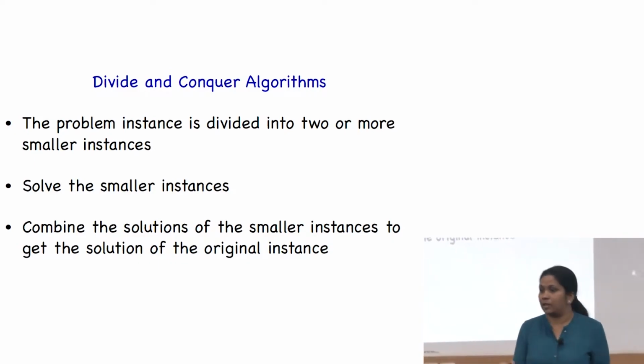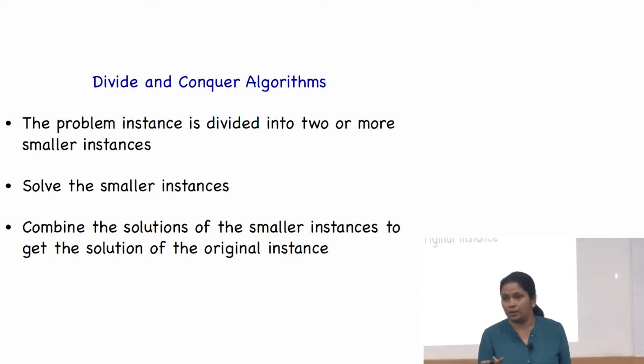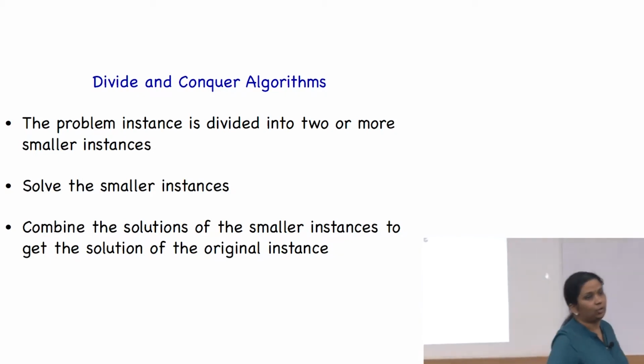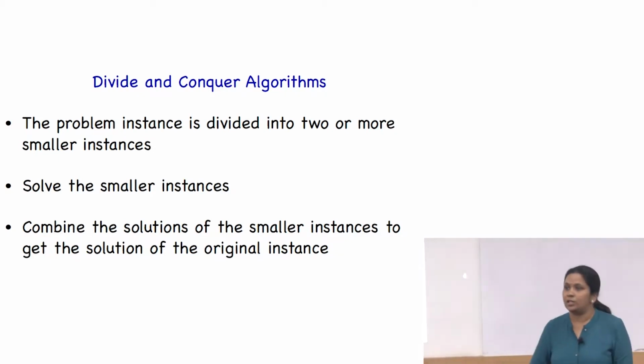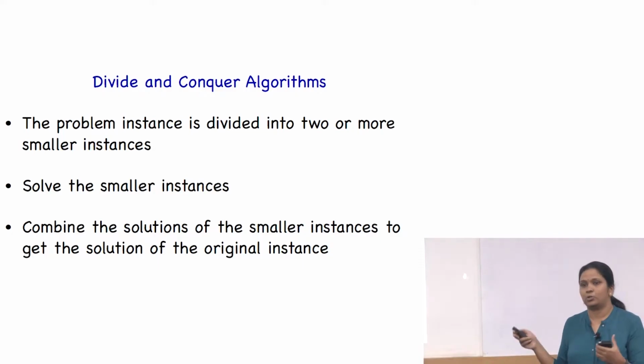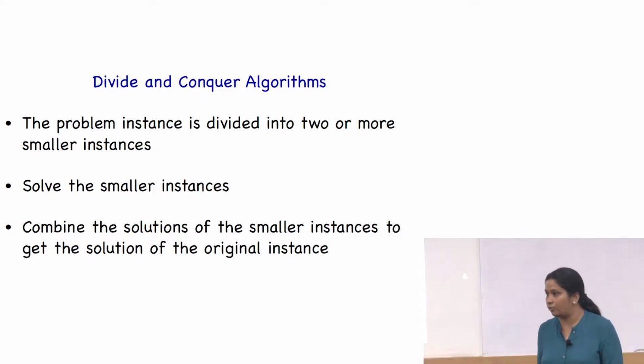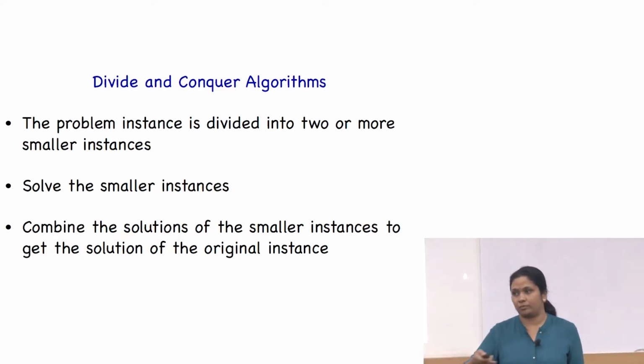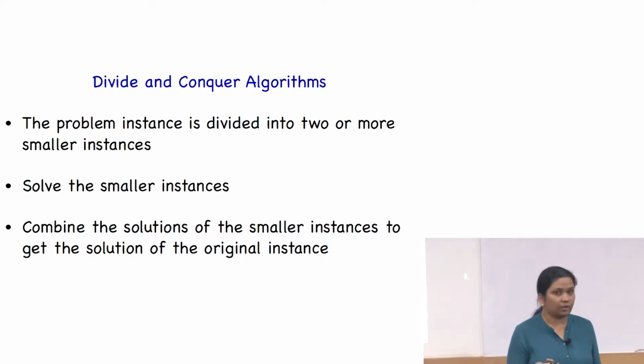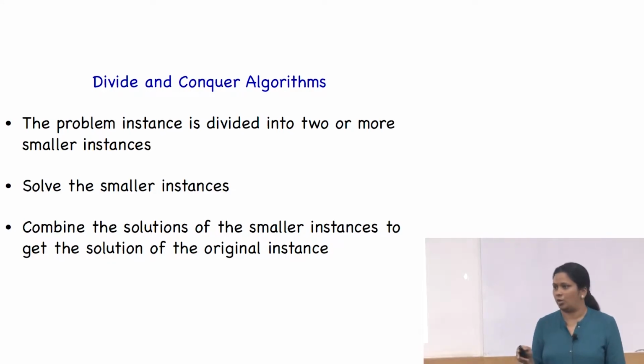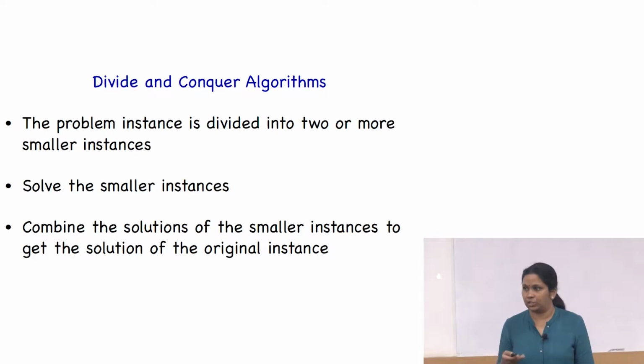So you are given an instance, and you divide the problem instance into 2 or more sub instances. Essentially, the idea is to divide it into a small number of sub instances which are usually disjoint, and solve these instances using recursion. All of you know recursion, the principle of mathematical induction and all that.